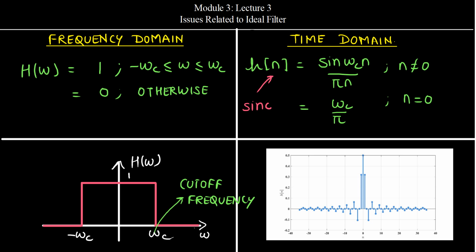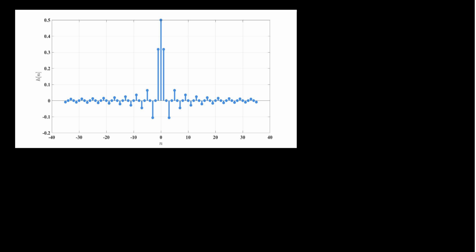Now let us analyze this sinc function more. This is the time domain representation of our ideal filter, and we can see that this ideal filter ranges all the way from minus infinity to infinity. So suppose the ideal filter is given as, say, h ideal of n.